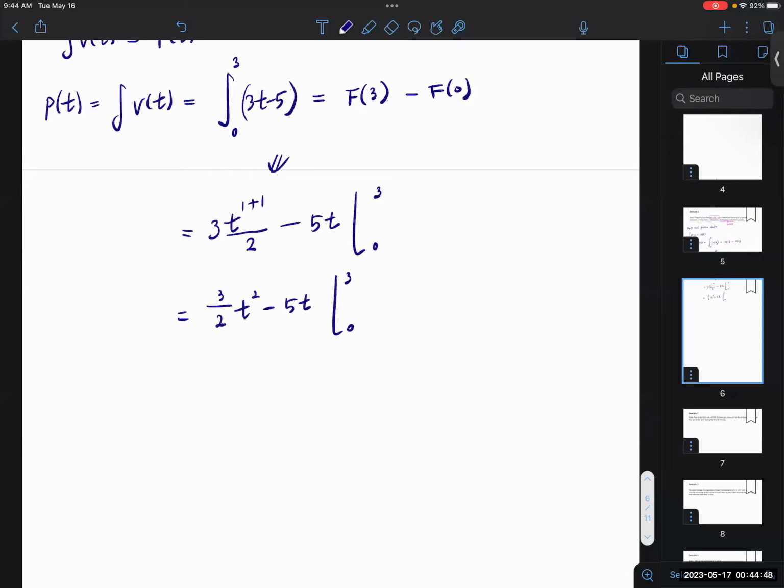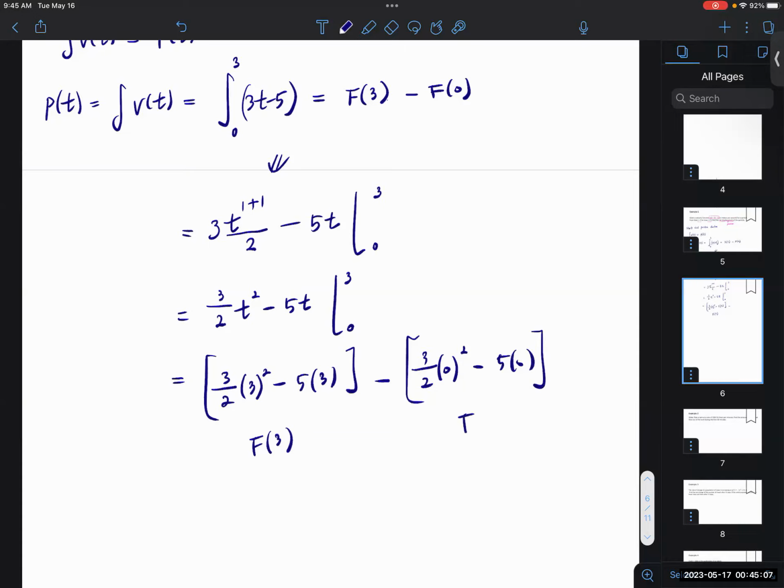And now you're going to subtract from 3, that's 2. And then this is capital F of 3 minus the rest of them. Actually, that is going to be 0 anyway, right? So this is anyway 0, everything.